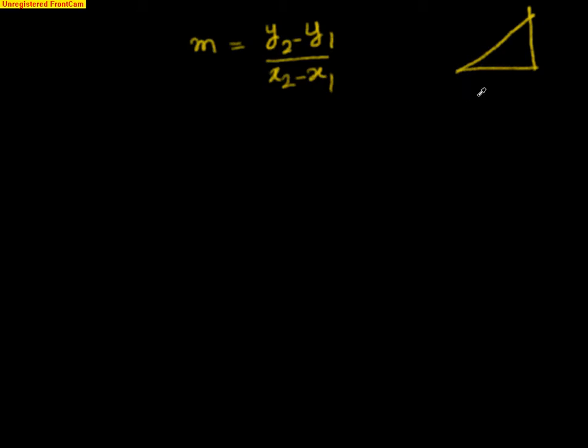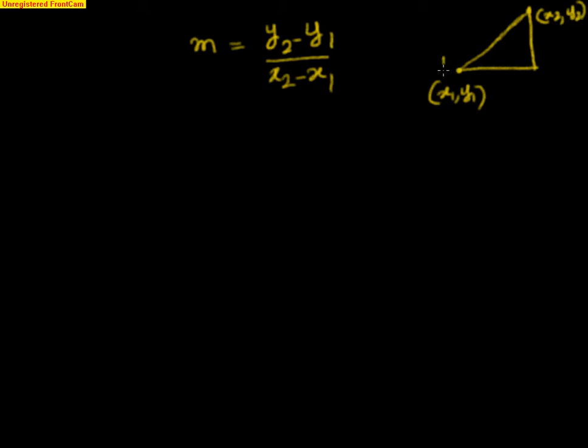Now before moving ahead, we have seen that m is equal to (y2 minus y1) by (x2 minus x1), nothing but this is the straight line. This is point x1 comma y1. This is point x2 comma y2.